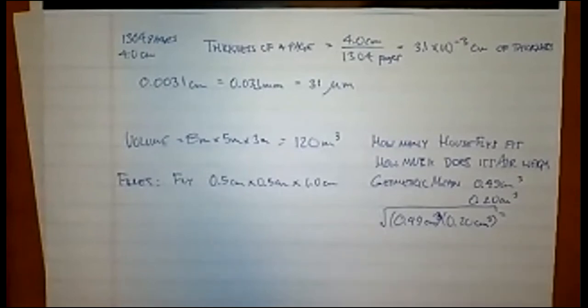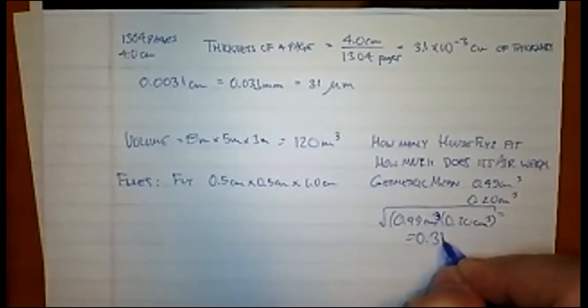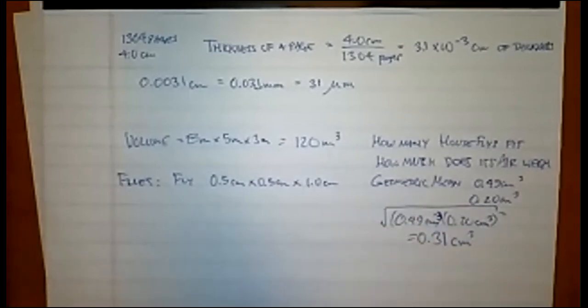Oh, no wonder. I put something in wrong. Ignore that answer. 0.49 times 0.2, take the square root, and I get 0.313. I'll call that roughly 0.31 cubic centimeters. So that would be a way you could do it if you had a collection of them.